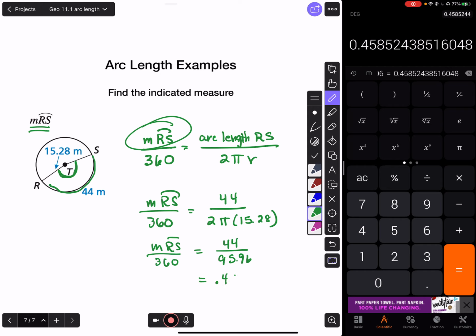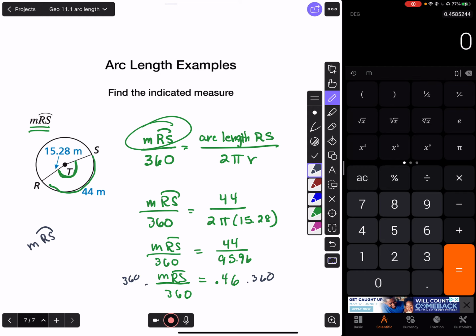We'll call it 0.46 equals measure RS over 360. And so I have to take that 0.46 and multiply both sides by 360. And I'll finally have the measure of that angle RS.